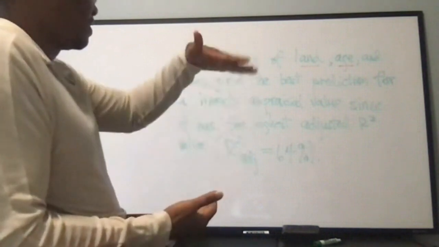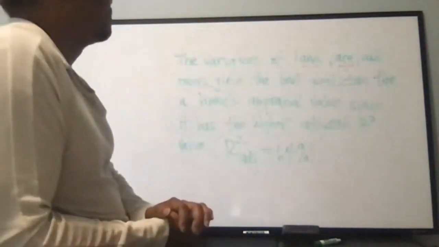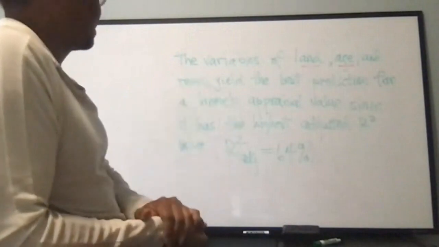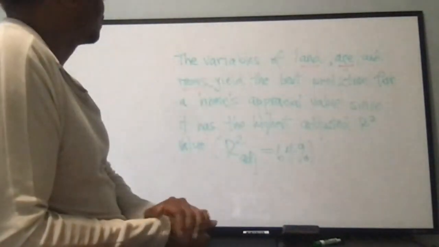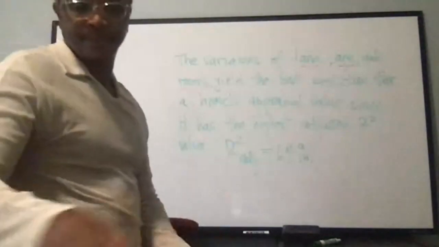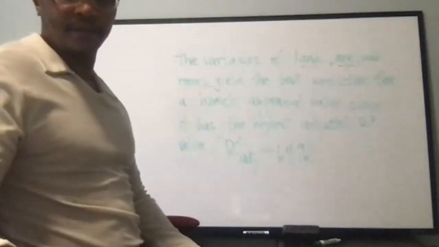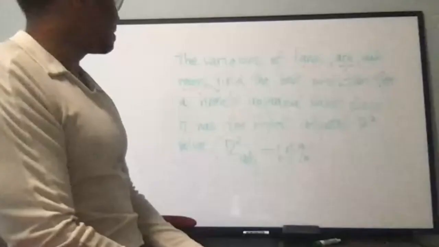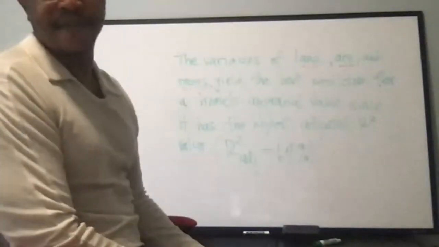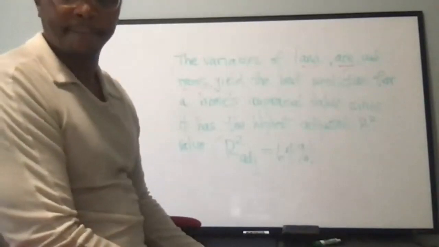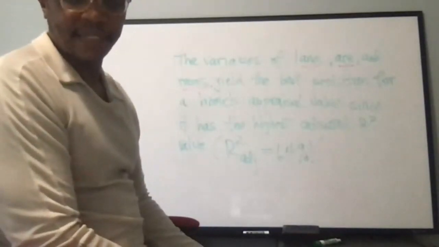Generally, the higher the percentage is, of course, the better the line is in predicting. Okay? Questions? Wait, what was the last part that you just read? Since it has the highest adjusted R squared value, it's 64%.